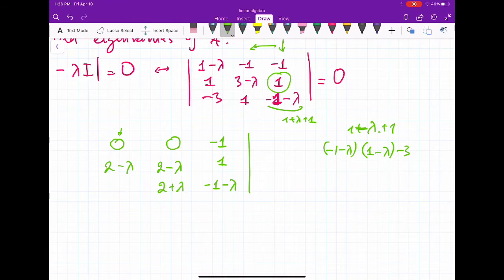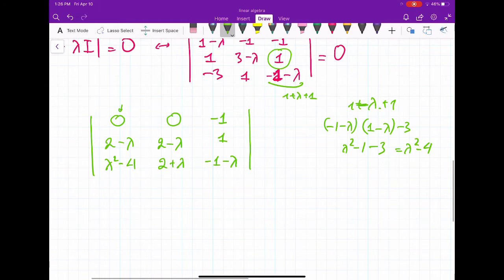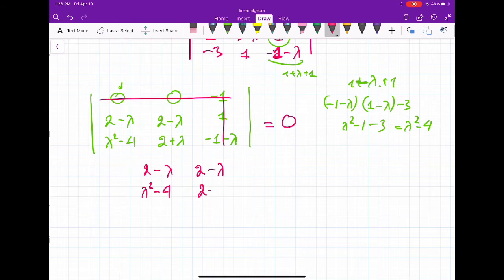This is lambda square minus 1 minus 3, which is lambda square minus 4. Then we just erase this because the equation equals 0, I don't care about the sign. I have 2 minus lambda, 2 minus lambda, lambda square minus 4, and 2 plus lambda equal to 0.